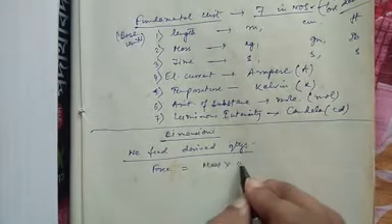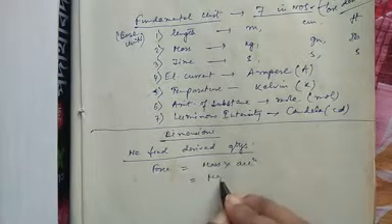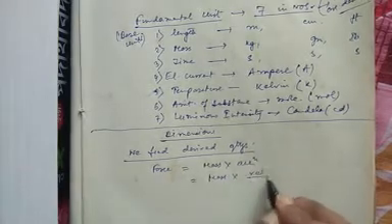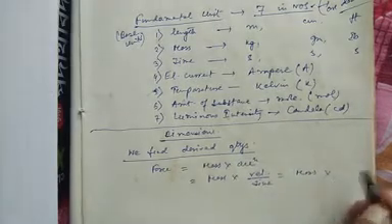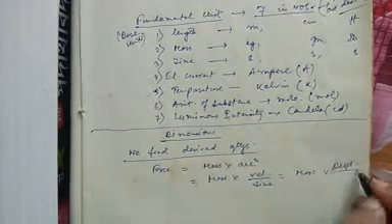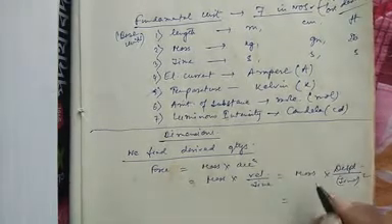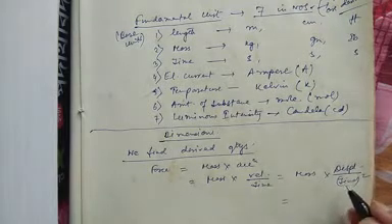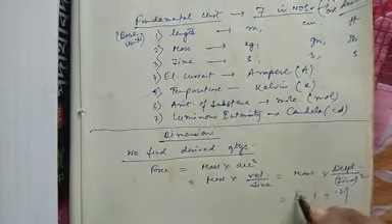Mass into acceleration, mass into velocity by time. That means mass into displacement by time square. These three are all fundamental units. So we write [M L T^-2].